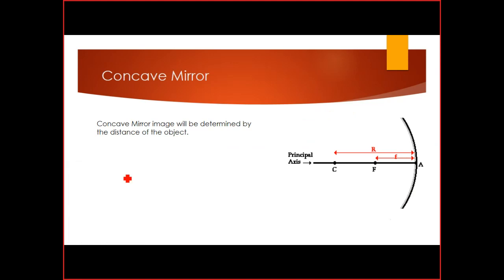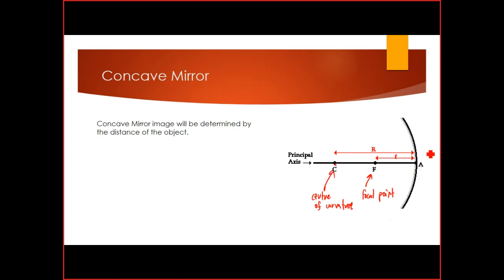Okay, so things that you need to know when you have a concave mirror. This F over here is called the focal point. And this C is the center of curvature. How come you have a C over here?